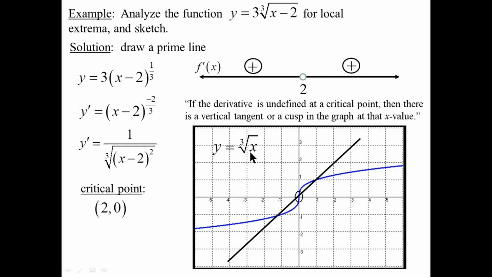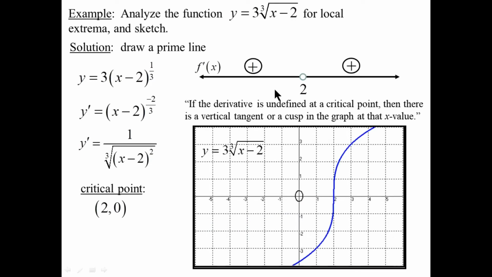So if we use y equals the third root of x as the parent function of y equals 3 times the third root of x minus 2, and realize we'll take this graph, vertically stretch it times 3 and shift it to the right 2, we've made our sketch. And here it is on the zoom out.